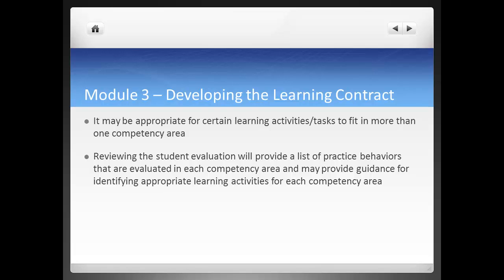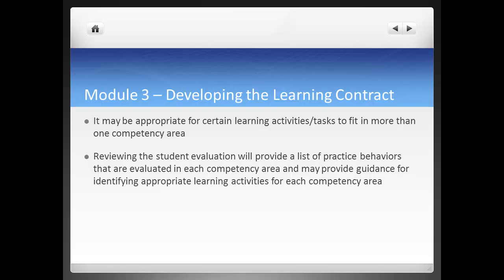You will probably find that a particular learning activity or task that you assign to a student may fit in more than one competency area. It's perfectly acceptable for you to use the same learning activity in more than one competency area on the learning contract.